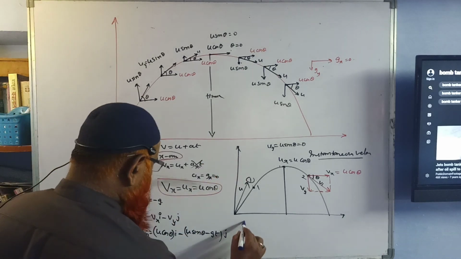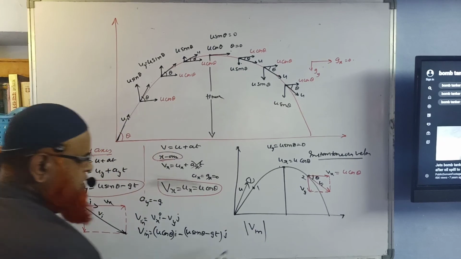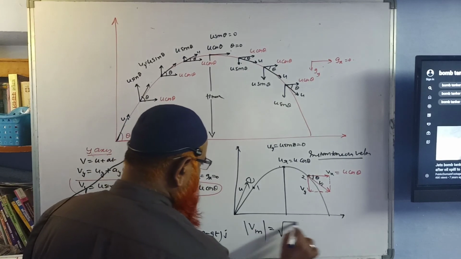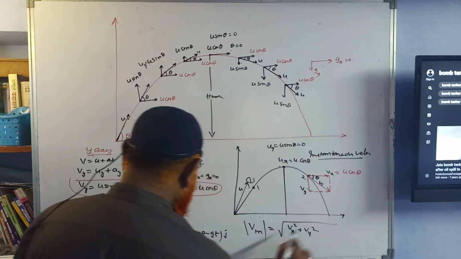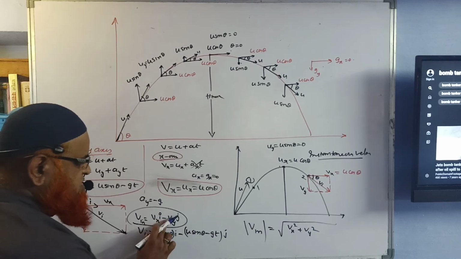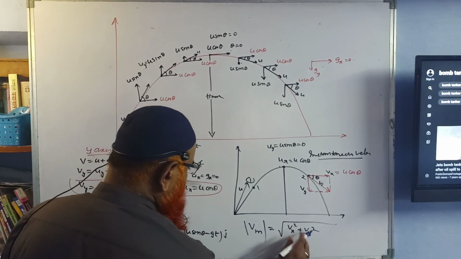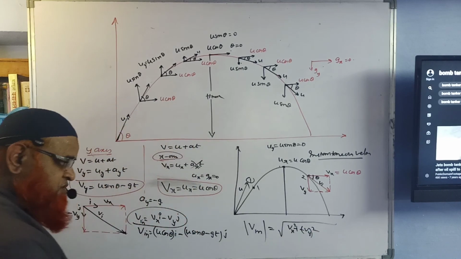But if you want to find the magnitude of the instantaneous velocity, as I told you, you need to write just Vx square plus Vy square. Anyhow, one is positive and one is negative, so plus of minus Vy whole square is anyhow going to be plus only.